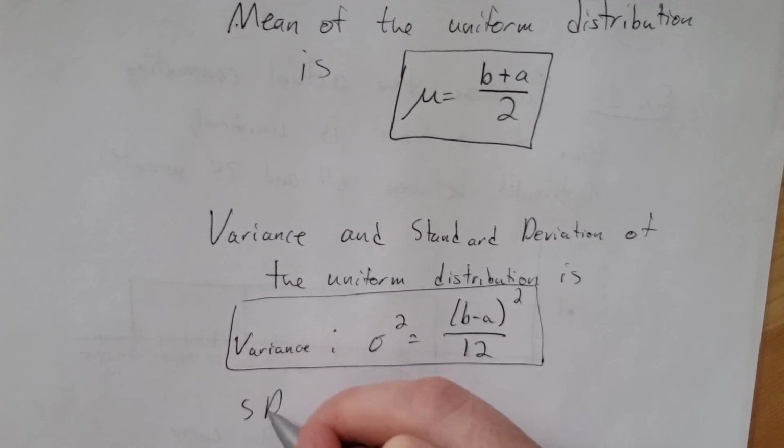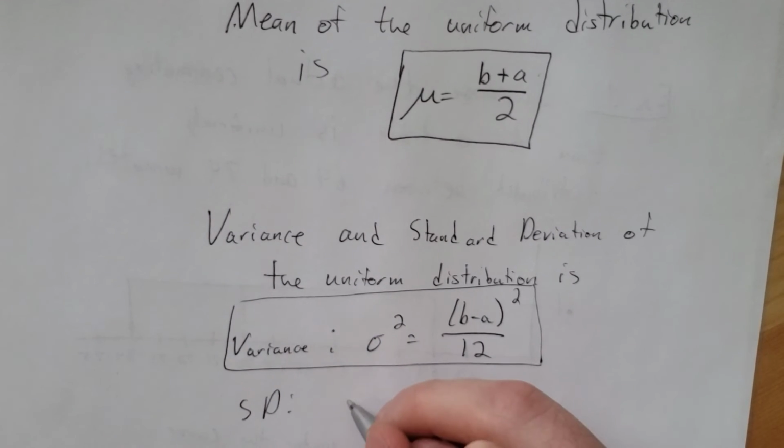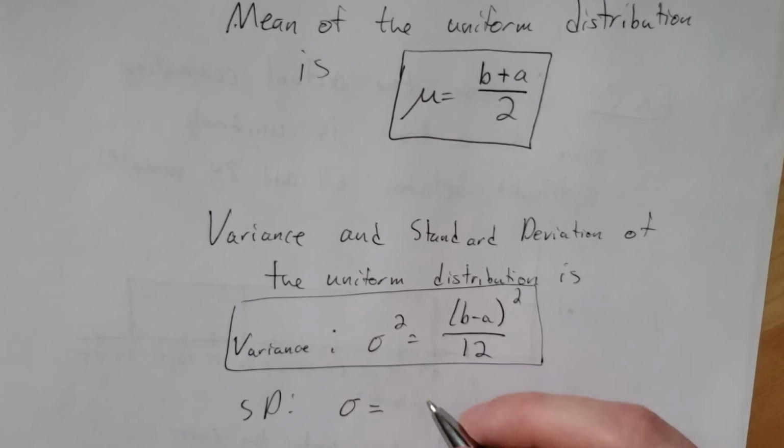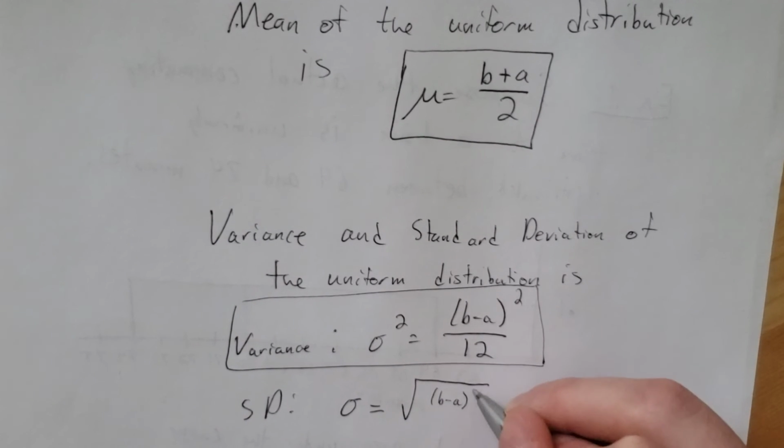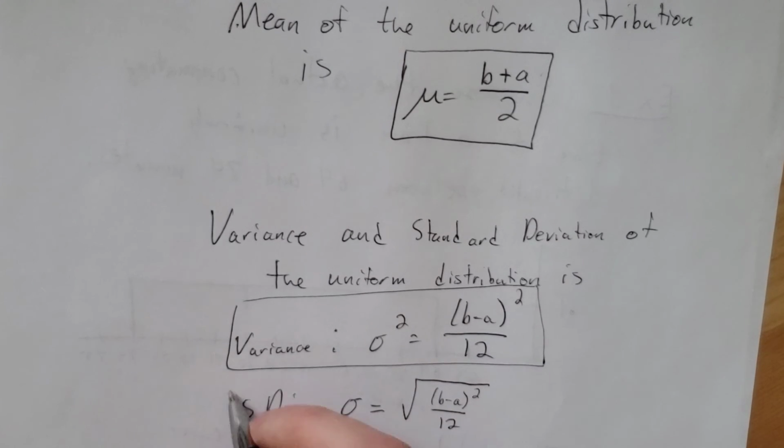And of course, the standard deviation is the square root of that. So sigma is the square root of b minus a squared all over 12.